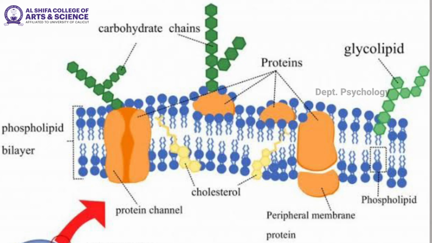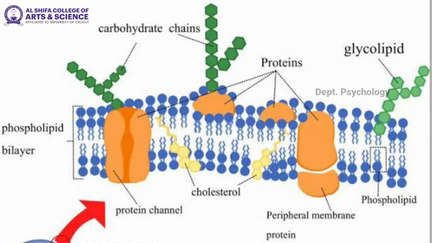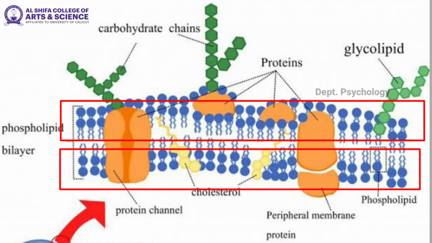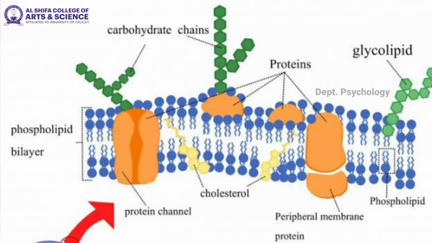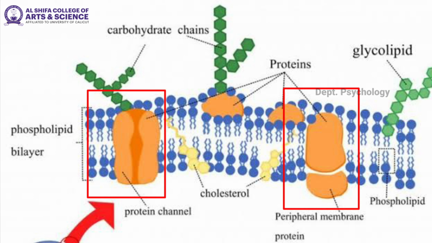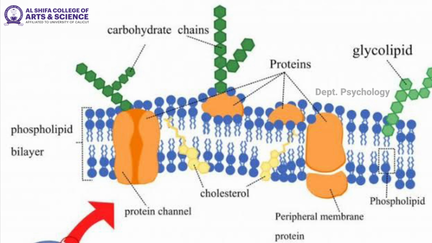We can go through the major highlighted points of the fluid mosaic model. According to this model, the cell membrane consists of a lipid bilayer, which is a thick layer of two molecules. In that lipid bilayer, some protein molecules are embedded. This is the major structure of a cell membrane according to the fluid mosaic model.